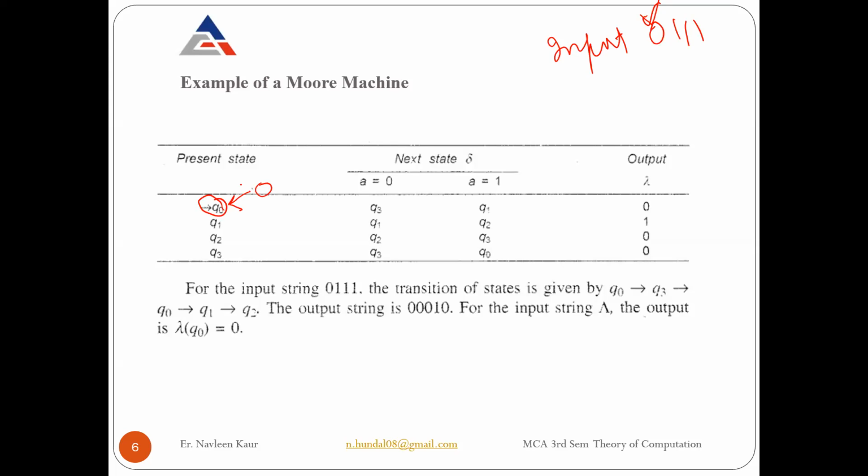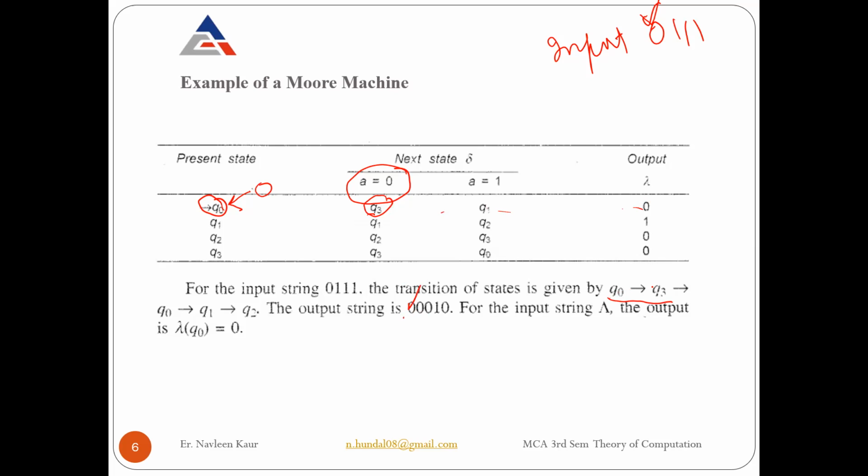If Q0 got 0 as input, what will be the next state generated? It is Q3. It means from Q0 you are going to Q3. And side by side you have to check what output is generated for this particular line. Output generated is also 0.